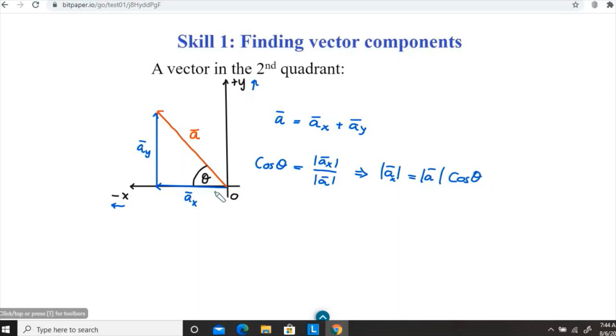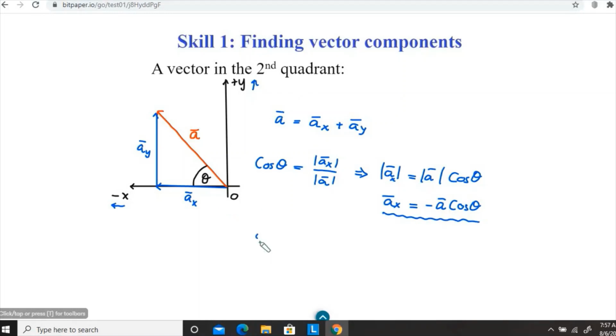Now, the direction is along the negative x direction for ax vector. So, as a vector, ax vector can be given as negative A vector times cosine theta. The negative sign comes because it's along the negative x-axis, not the positive x-axis.